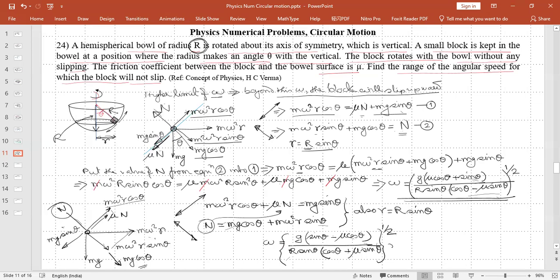So this is the minimum angular velocity, and this is the maximum angular velocity. So this solves this problem.